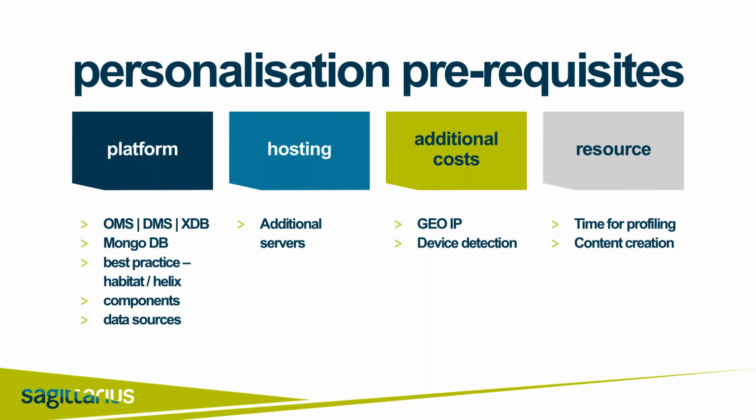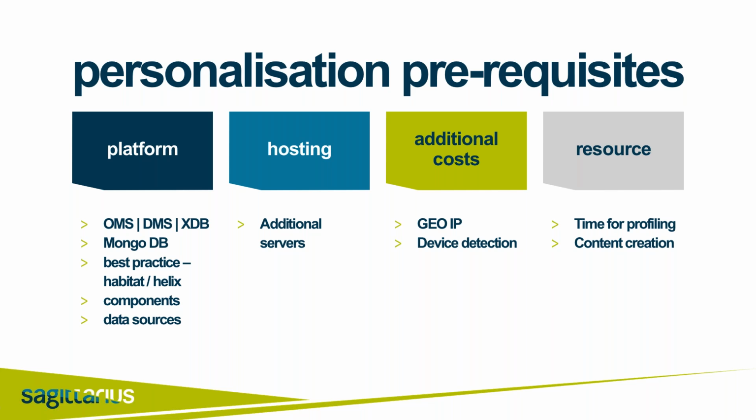So as an example, from a platform perspective, you'll need Sitecore XDB in place. Typically you'll need Mongo database in order to be able to store all of that information. Your Sitecore site should be set up in a componentized fashion, so you can enable that personalization of components to change the messaging as users hit the pages.